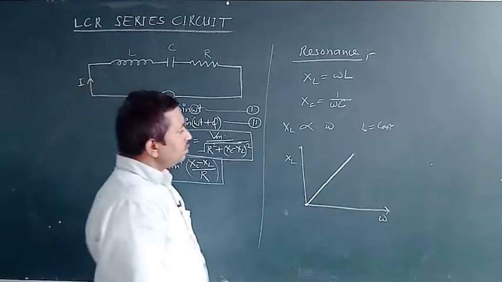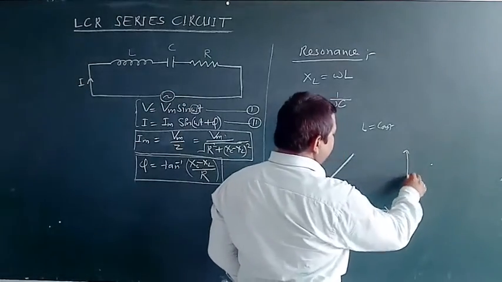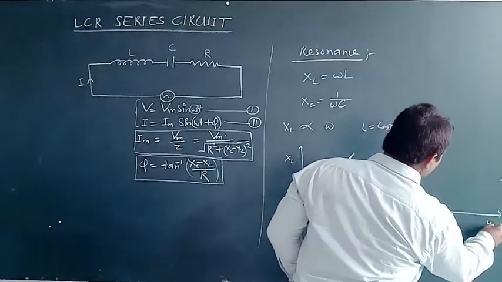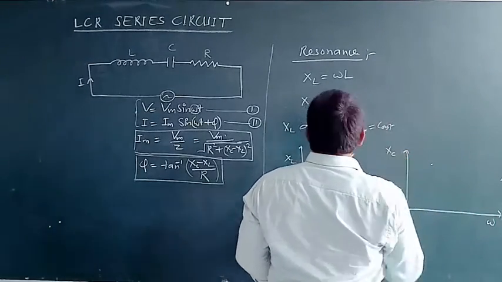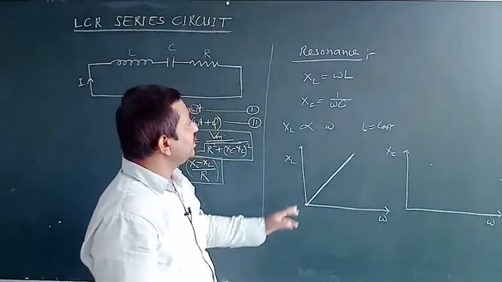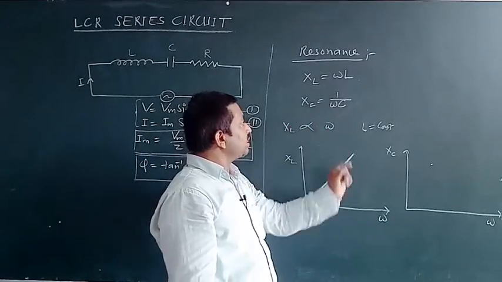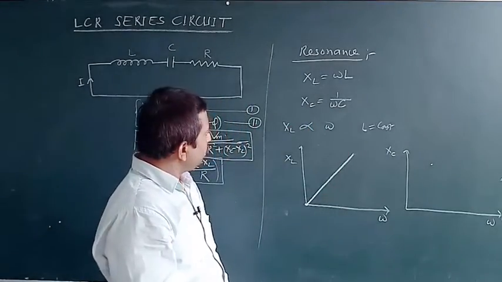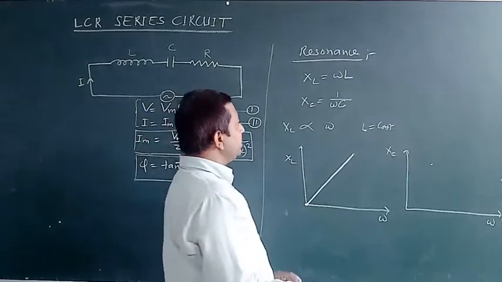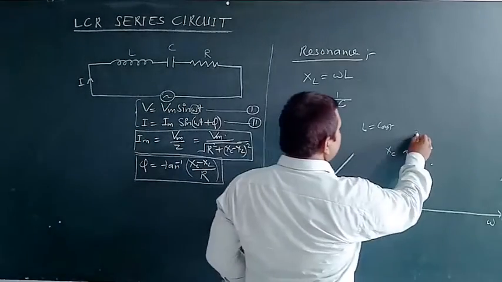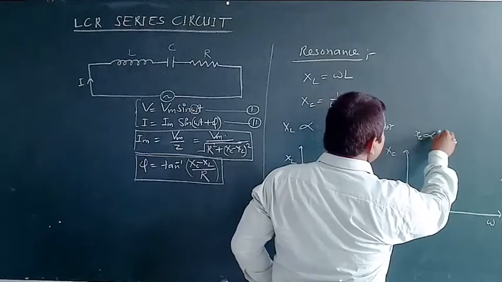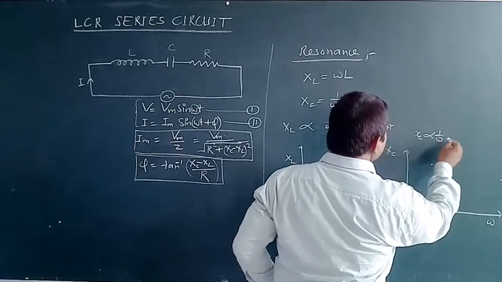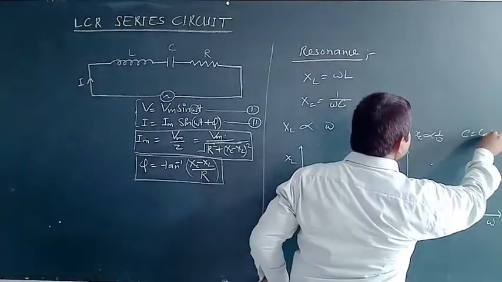And also if we plot a graph between XC and omega, we see that XC is inversely proportional to omega. It means XC is proportional to 1 upon omega if we take C as constant.